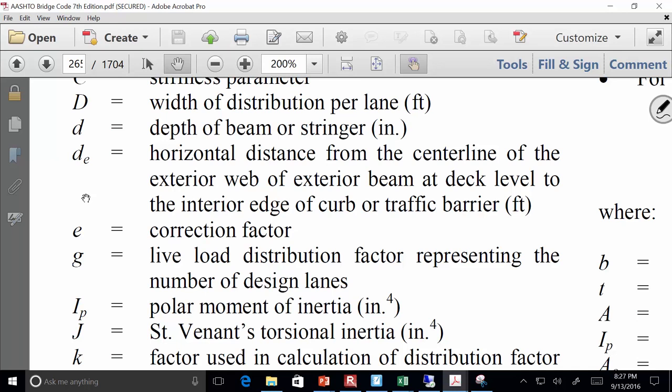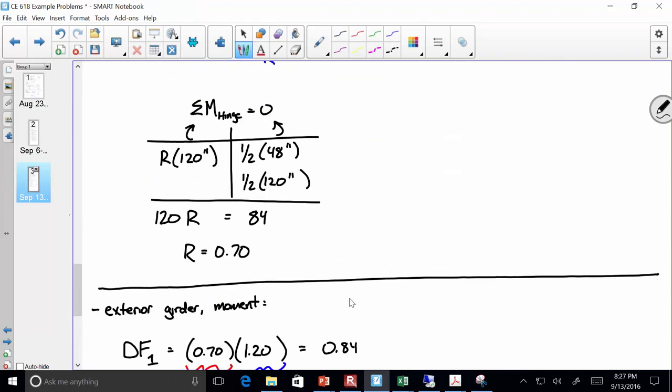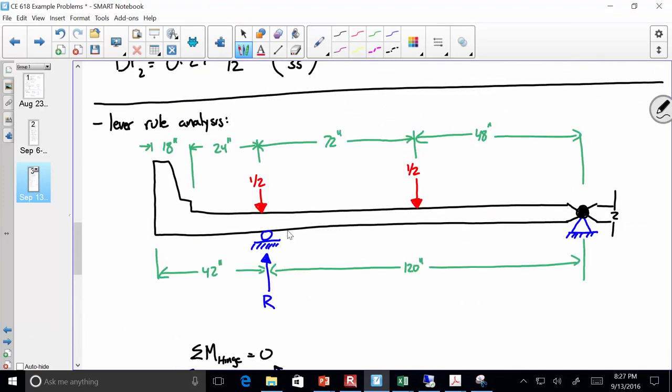Okay, make sense? So essentially for our bridge, what we're talking about is this dimension right here, the distance from this edge to the center line of this girder. And what is that? 24 inches, although in feet it's 2 feet, okay?